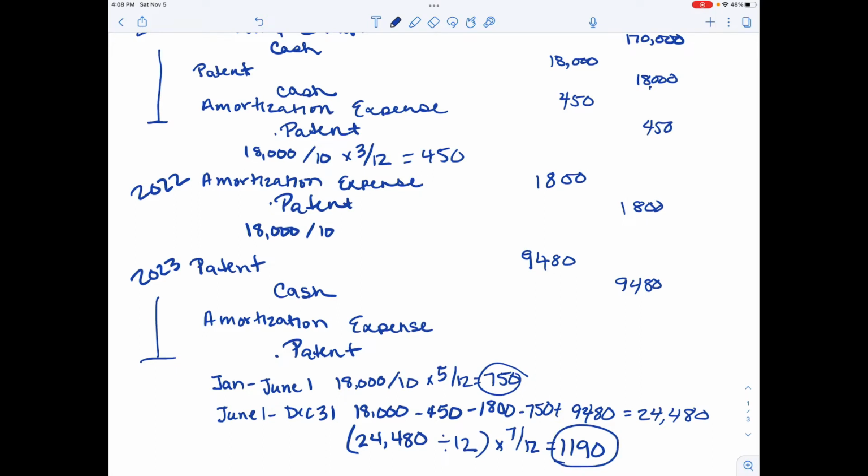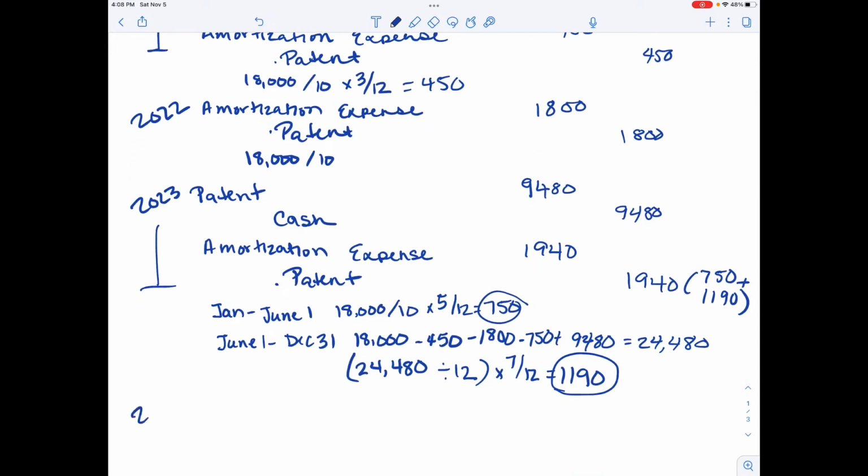Then we're going to add these two together to equal our total amortization for 2023, which is 1940. So again, that 1940 is coming from the 750 plus the 1190.